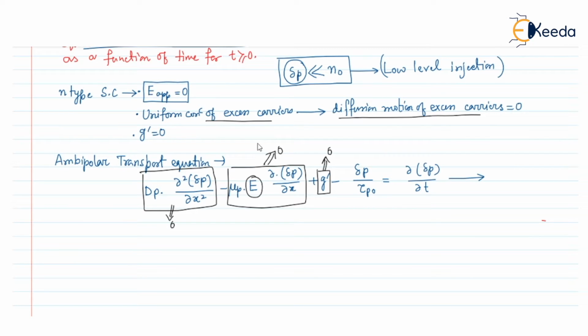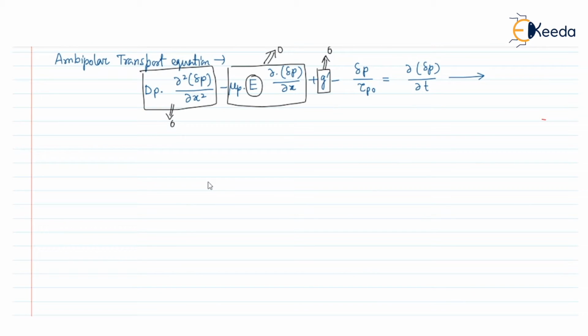So the final equation that comes out of the ambipolar transport equation will look like this: del delta p by del t is equal to minus delta p divided by tau p0.